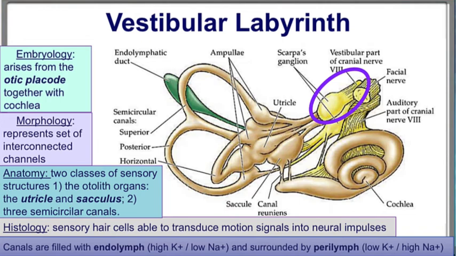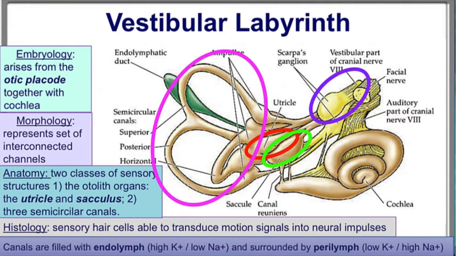Anatomically we have two classes of sensory structures. First, the otolith organs: the utricle first, and then the sacculus, or the saccule. Remember, these two organs detect head acceleration and trigger a response in the body to balance head on neck.